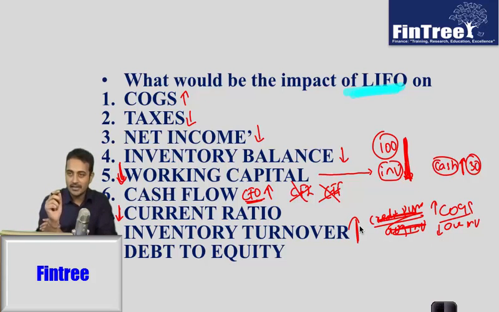That is why sometimes in the exam such a sentence comes that a firm using LIFO might look less profitable but it would be more efficient. A firm using LIFO might look less profitable but it would be more efficient. Do you agree? Yes, because your total profits would be lesser but your inventory turnover ratio would be higher and it is an efficiency ratio. Therefore, it would be more efficient. How about debt to equity?